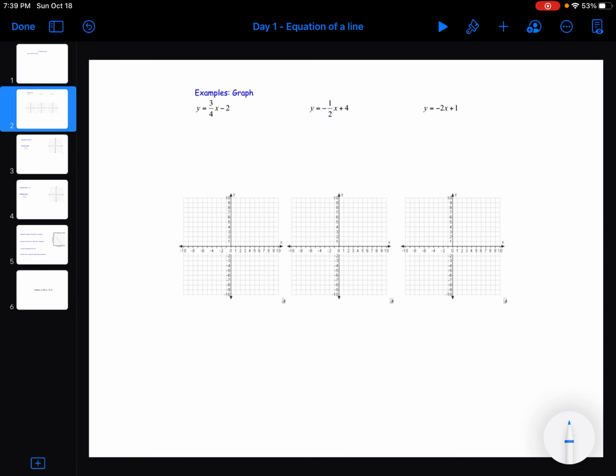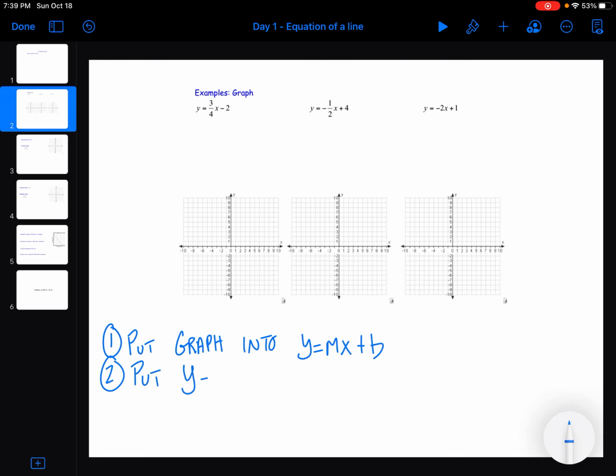Okay, so if I said to graph these points, we're always going to do it the same way. We're going to make sure it's in y equals mx plus b, which all three of these are. The first thing we're going to do is put the y-intercept on the graph.